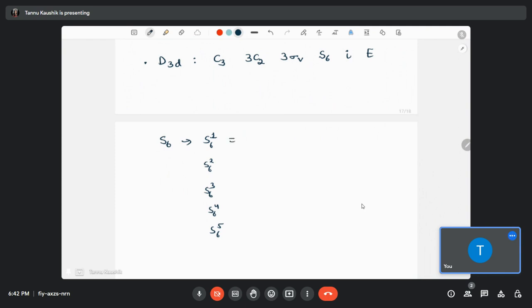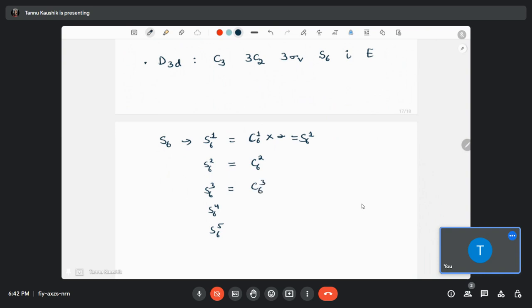So here we will write it as C6^1 into sigma. It will give S6^1 only. C6^2 into sigma squared, which is E. I'm writing it as E only, or directly as C6^2.